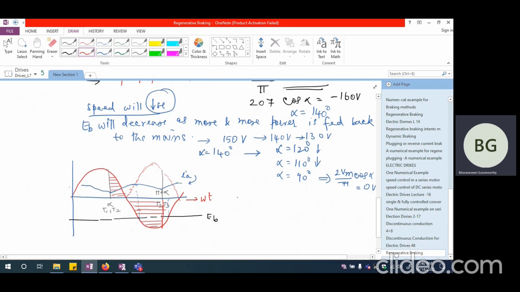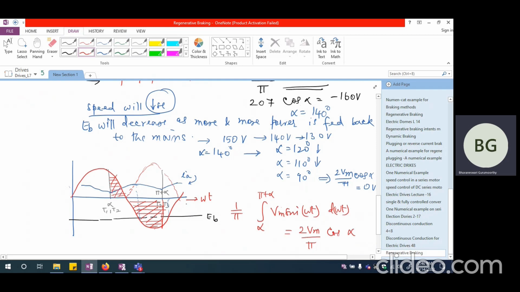So if I try to look at what is the kind of integration that we need to make, you have to say from alpha to pi plus alpha Vm sine omega t d omega t, and this is averaged over pi. So this comes out to be again 2Vm by pi cos alpha. When alpha is greater than 90, automatically you are going to get the average value as negative because the negative portion is dominating over the positive portion.